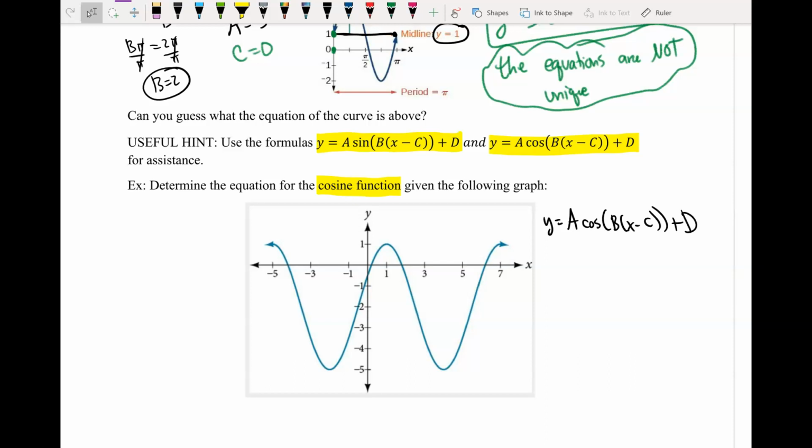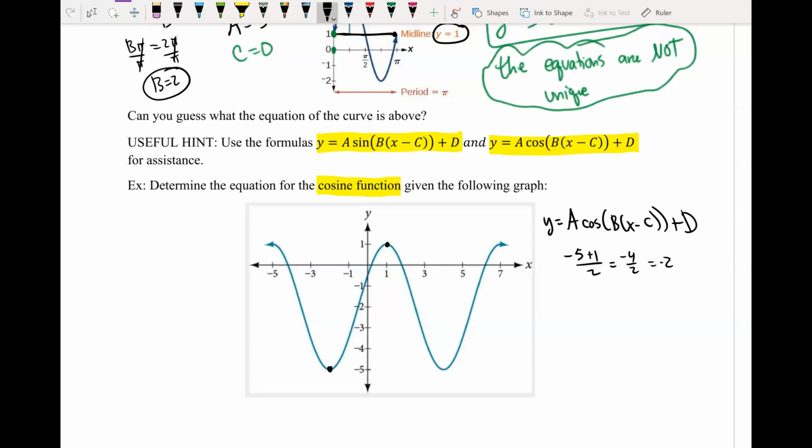All right. So first things first is to try to locate the midline. One thing that you can do is look at the bottom of the wave and the top of the wave, add them and divide by 2. So you can just add them if you want to. So -5 plus 1 and then divide it by 2. And this will tell you -2.